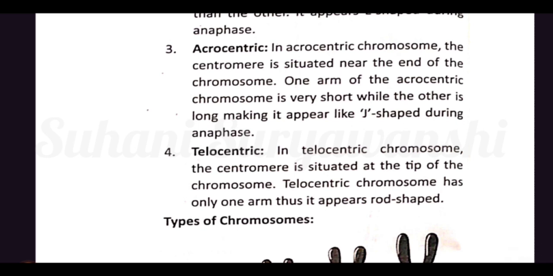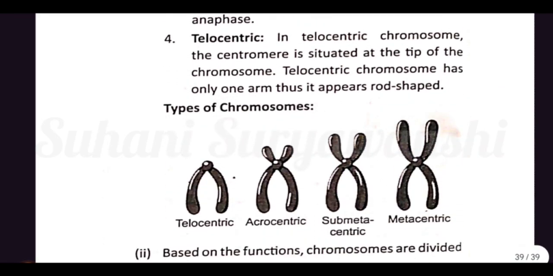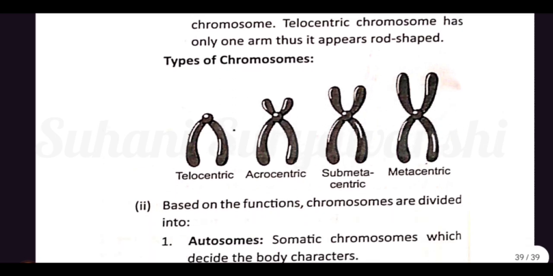In acrocentric, the centromere is situated near the end of the chromosome, so one arm is too short and it appears like J shape. Telocentric. In telocentric, the centromere is situated at the tip of the chromosome and it represents only one arm, like rod shaped.